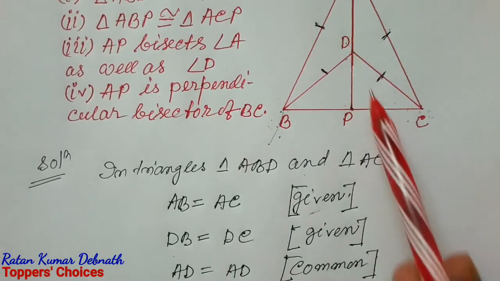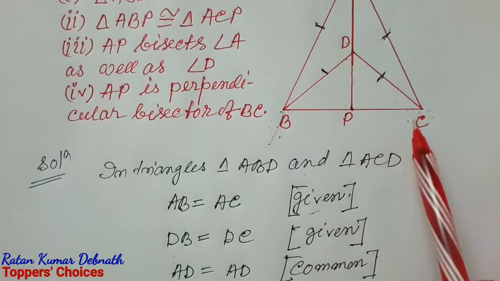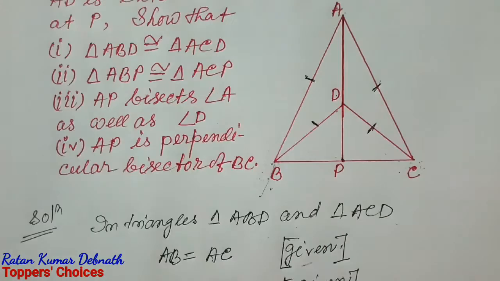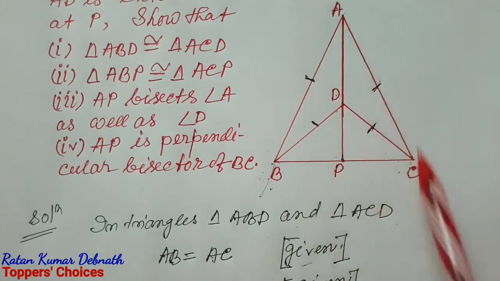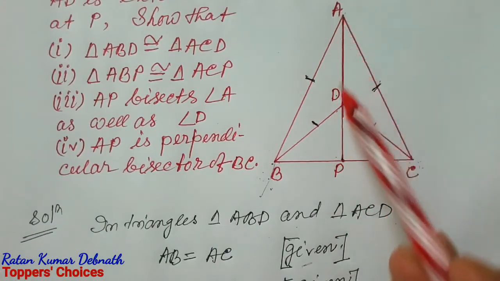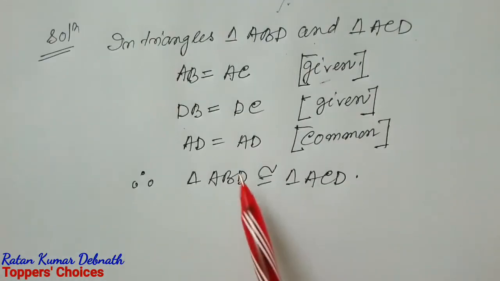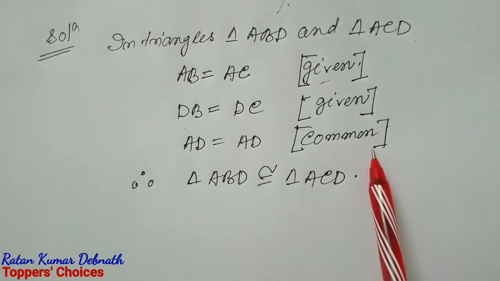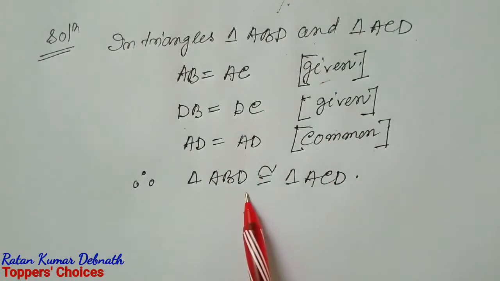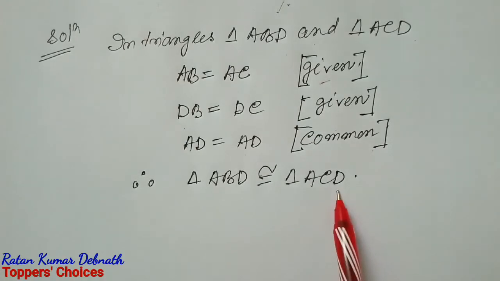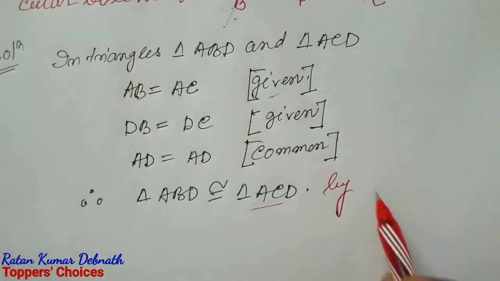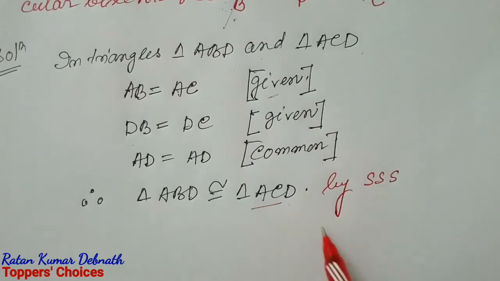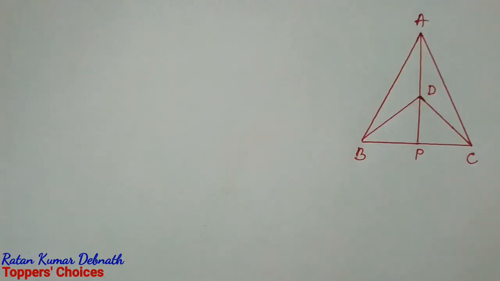Therefore, we can say DB equals to DC. This is also given. And for both the triangles ABD and ACD, we have AD as a common line. Therefore, we can say AD equals to AD, common. So, triangle ABD congruent to triangle ACD by SSS criteria.